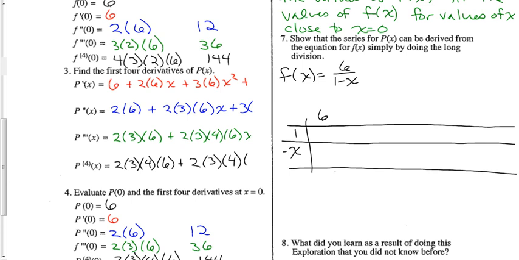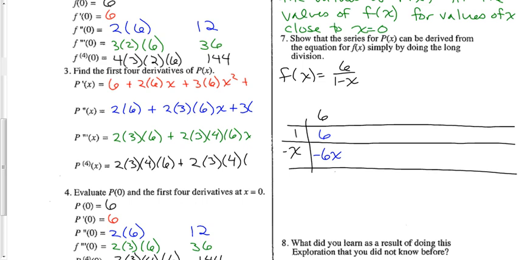So I start filling in, and 6 times 1 is 6, and 6 times negative x is negative 6x. Now, when I take 6 and I divide by 1 minus x, what I want to end up with is a 6 and I don't want to have any x's.